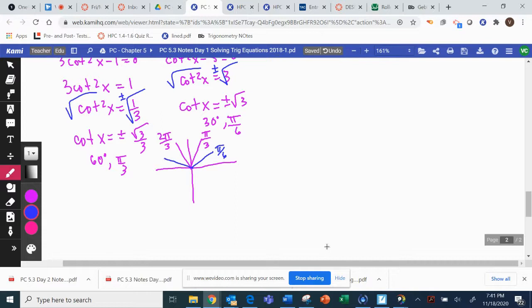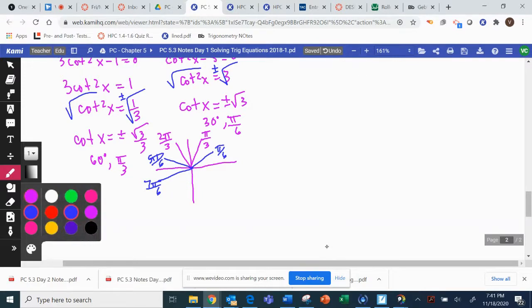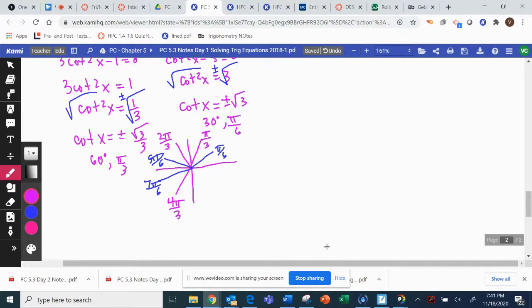And then we would have 5 pi over 6. 7 pi over 6. 4 pi over 3. 5 pi over 3. And then 11 pi over 6.